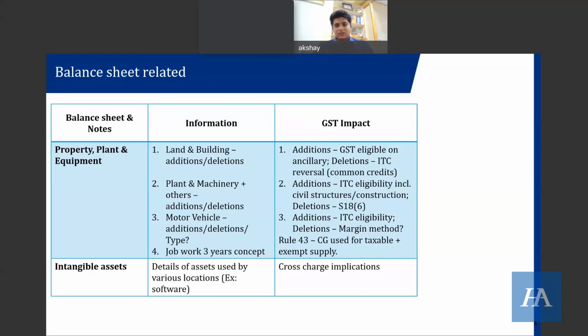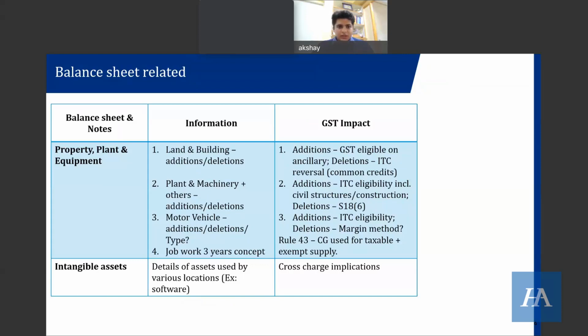A trader, for example, will have to pay that margin on sales minus the purchase. Please note the precondition is the credit should not have been claimed against those goods. If the credit has been claimed, then the GST would have to be paid on the full transaction value. If you go to notification 8/2018, the concessional rates also are provided, which is either 12 or 18%.